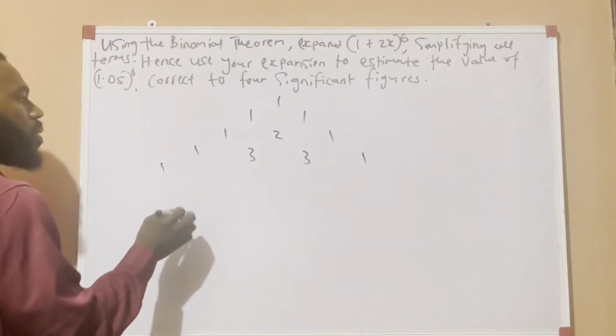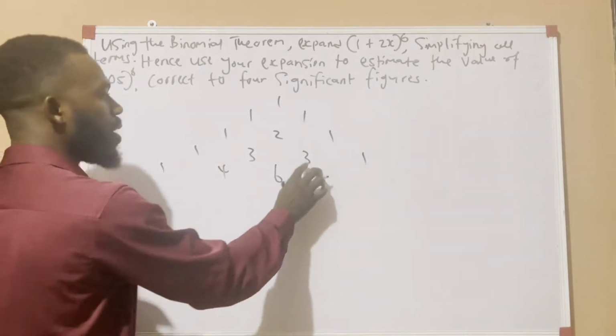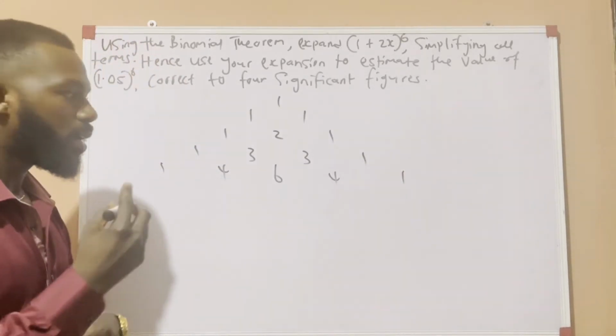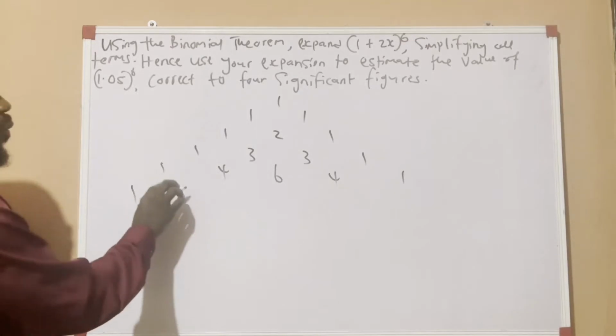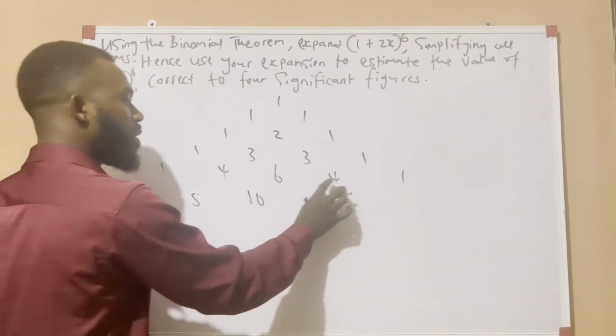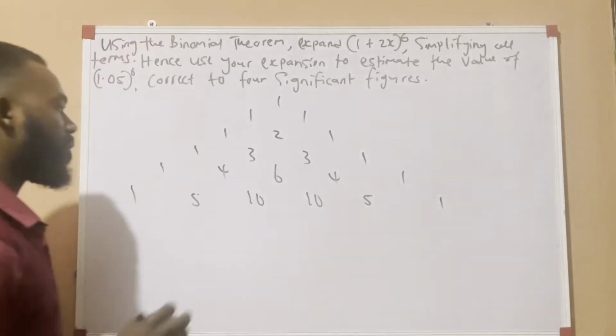Again 1, 1 plus 3 gives us 4 at the middle, 3 plus 3 gives us 6, 3 plus 1 gives us 4, and then we have 1. Again, we have 1, 1 plus 4 gives us 5, 4 plus 6 gives us 10, 6 plus 4 gives us 10, 4 plus 1 gives us 5, and then we have 1.